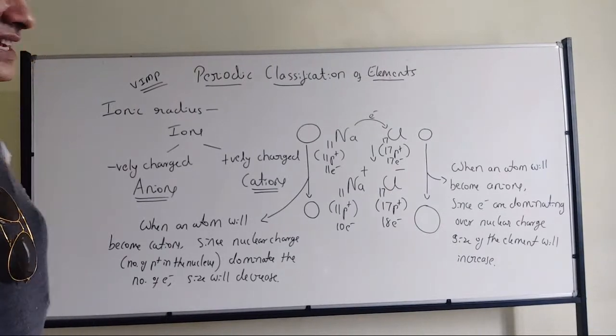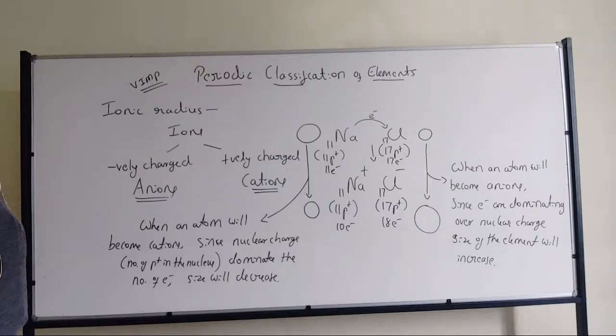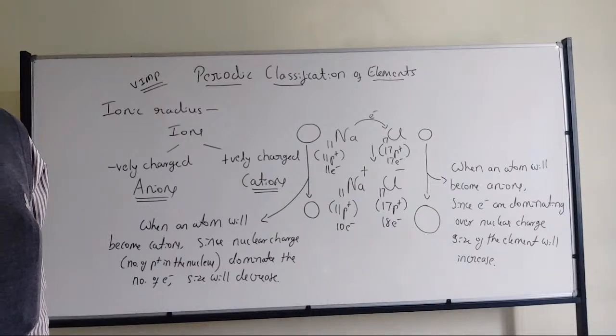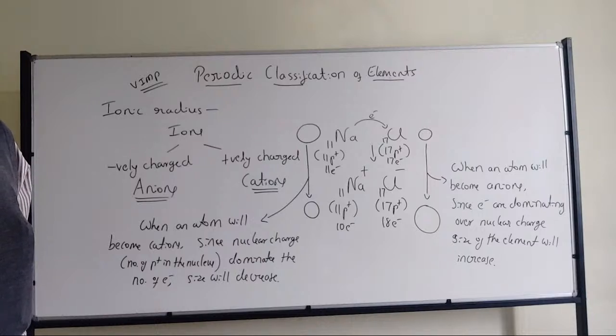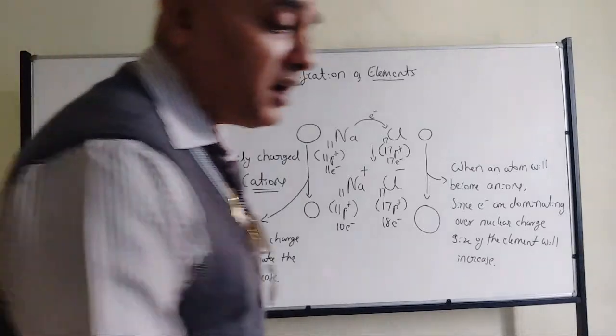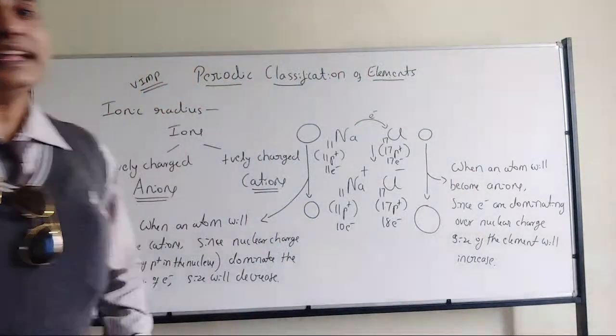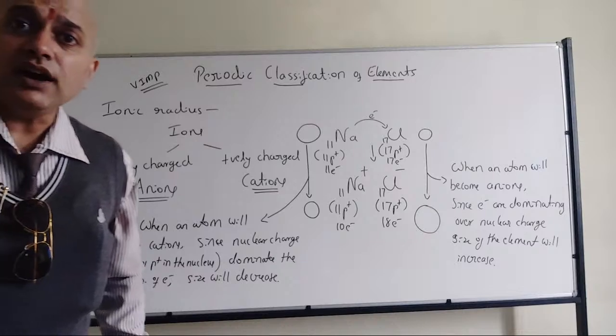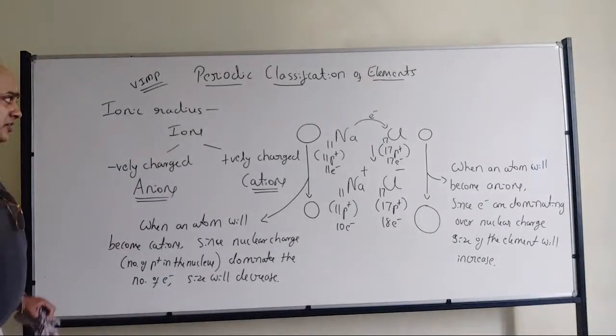Any doubts in this? So that's where we have the ionic radius with respect to anions and cations. As the element becomes cationic form, ionic size is going to decrease. As the element becomes anionic form, its size is going to increase. Any doubts? All of you have understood?